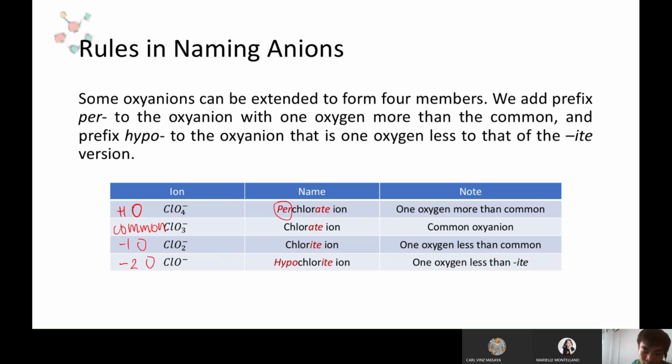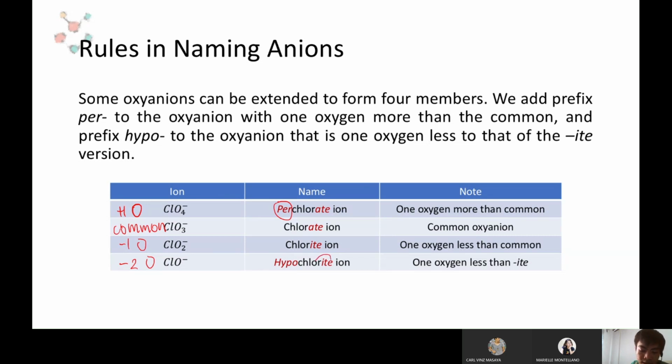Pag kinumpare mo yan dito, 1 oxygen yung difference niya. Pag kinumpare nyo siya dito, 2 oxygens yung difference nila. But yeah, I'm pertaining to this one. So, kapag 2 oxygens less than the common siya, ang gagawin natin doon is yung ite, lalagyan pa natin ng hypo na prefix.